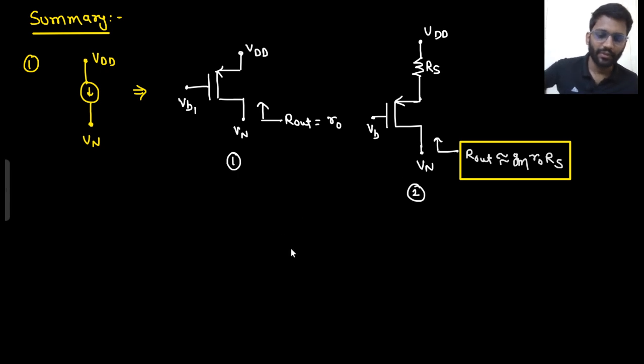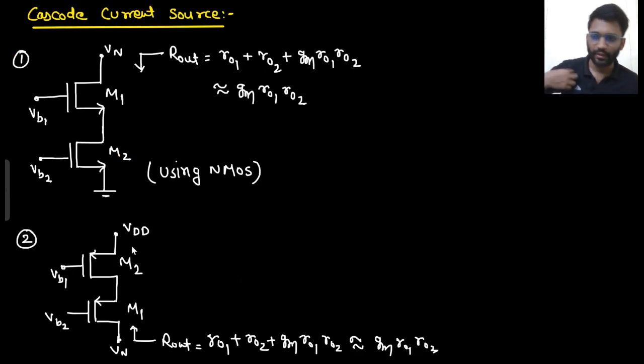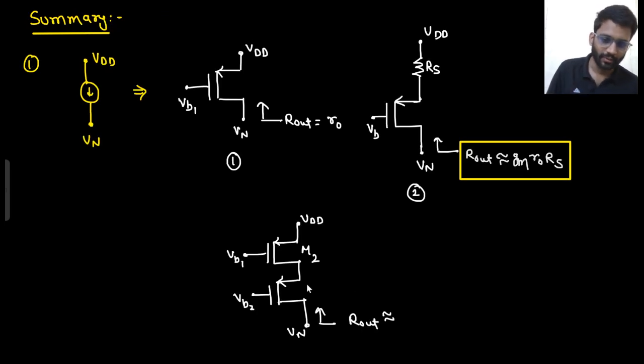Second method. What about the third? We made RS using MOS only. This is VB1, VB2. This is your VN. Your R out would be, let's call this one as M2, this one as M1.